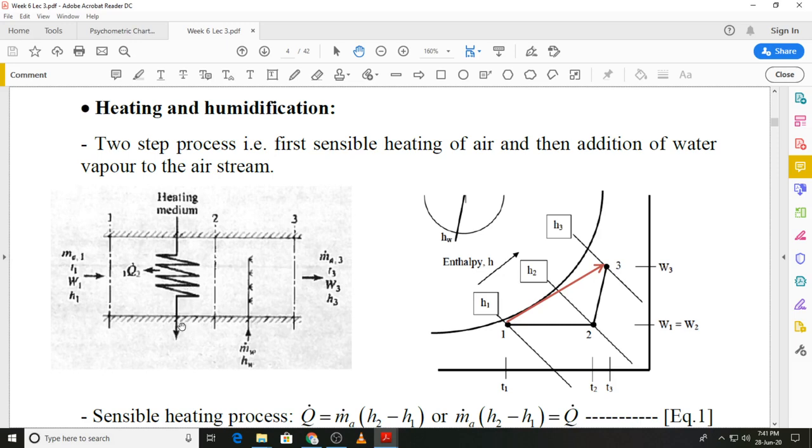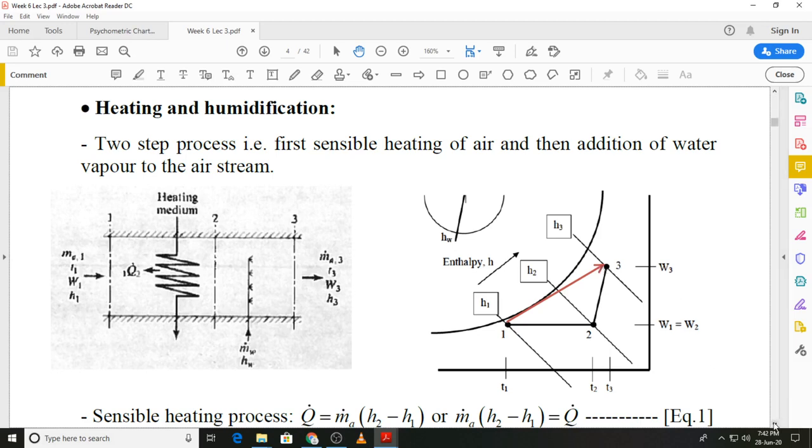You can see from state 1 to state 2 the air undergoes sensible heating. At state 2 we inject steam into the air for humidification, and process 2 to 3 shows the humidification process. The resultant process of heating and humidification is shown by the process line from state 1 to state 3.